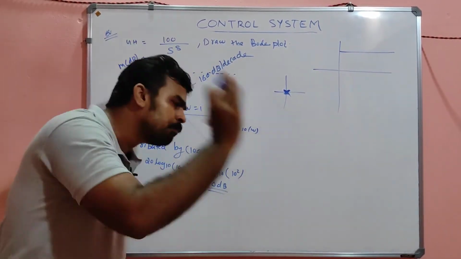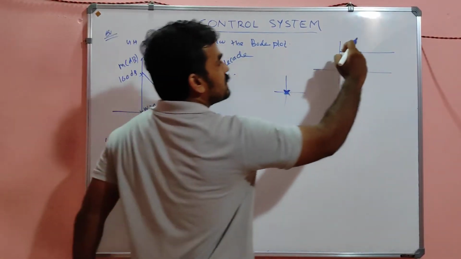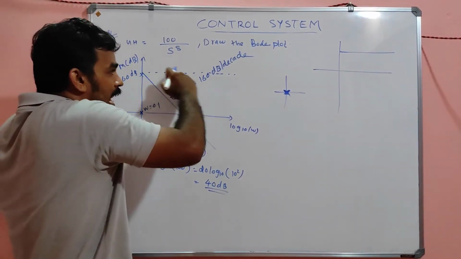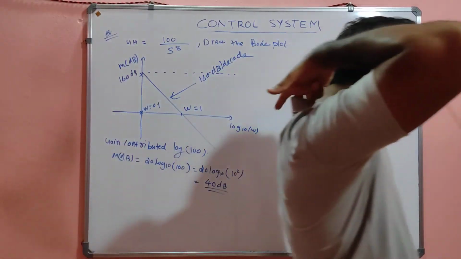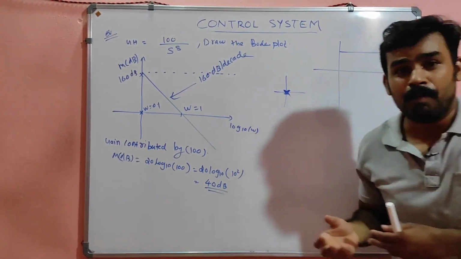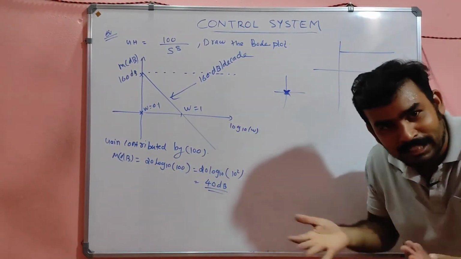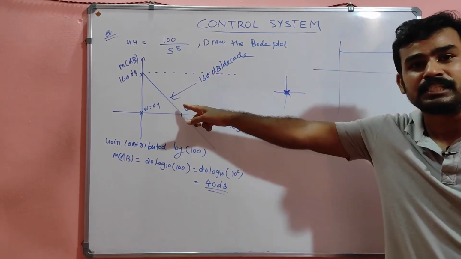Continuously adding 8 poles at the origin makes the slanting of the 100 line like this. That's all, my dear. And the addition of that pole contributes some more magnitude also. That magnitude is 160 dB.